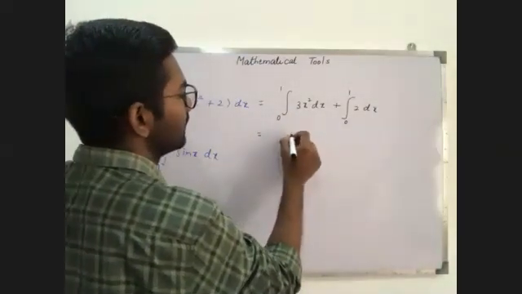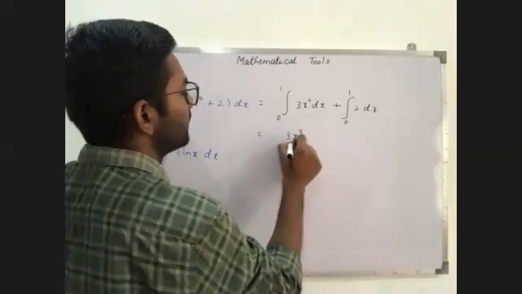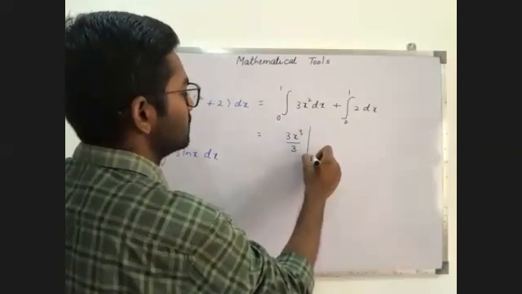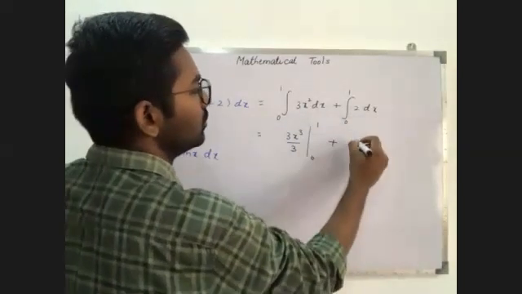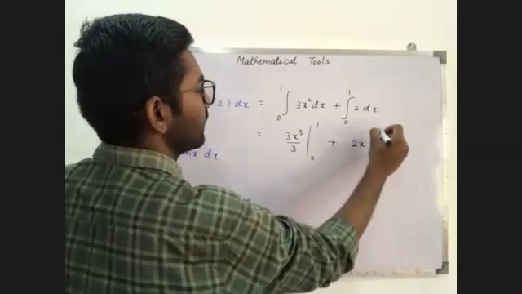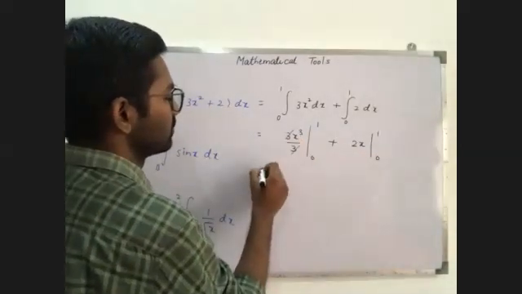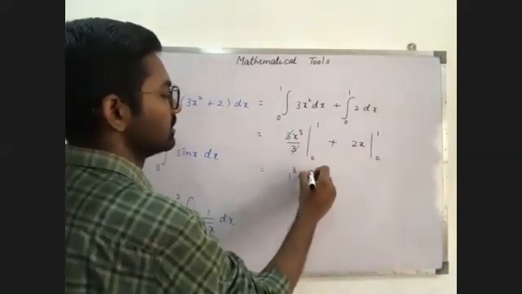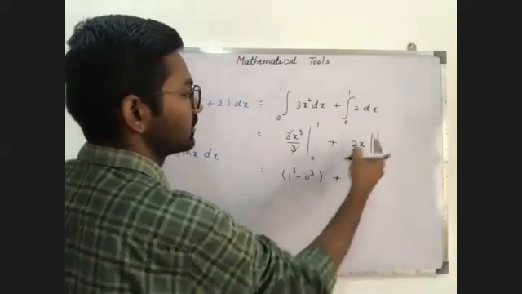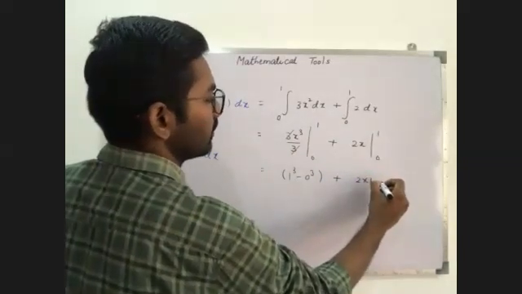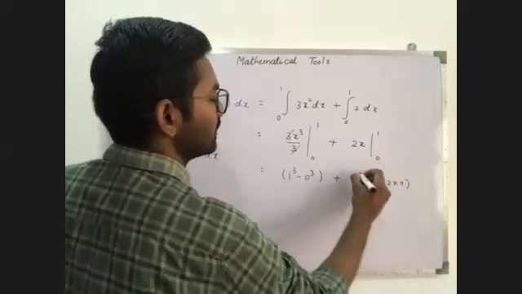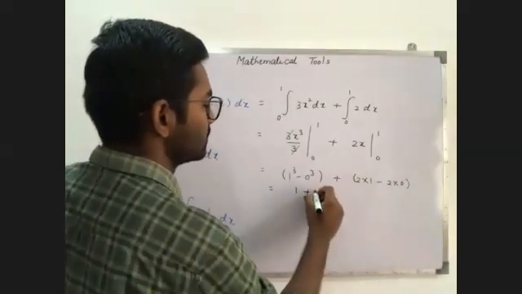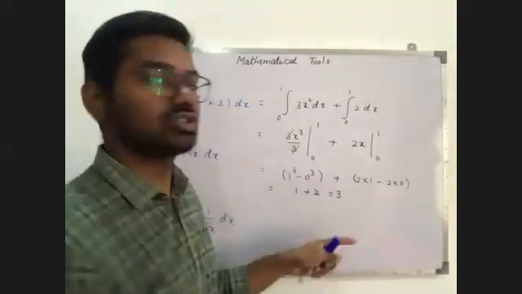For 3x square, it is nothing but 3x cubed by 3, integration 0 to 1, plus 2x from 0 to 1. Now this 3 got cancelled out. First I will put the upper limit. So 1 cube minus 0 cube plus, 2 into 1 minus 2 into 0. This is how I put the limits. So this is 1 plus 2 minus 0, that is 3. So for the first one, the answer is 3.